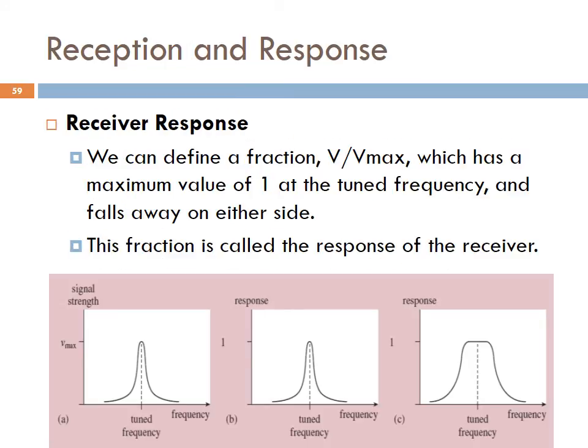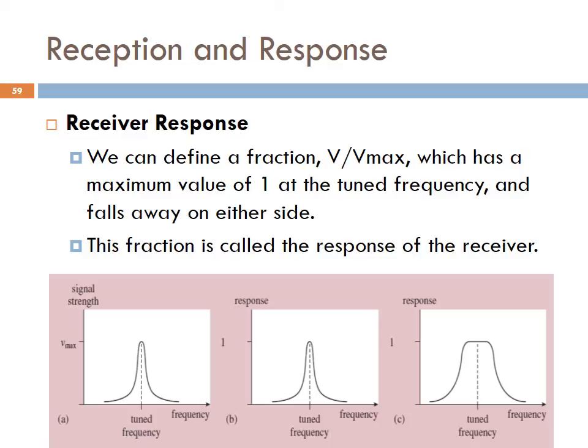We can define a fraction V over Vmax which has a maximum value of 1 at the tuned frequency and falls away on either side. So it's not a square function around the tuned frequency, which is the channel frequency, but a hypothetical form.